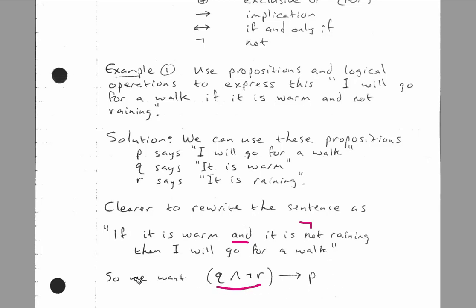So it's not P implies this, it's this implies P. Okay, so go back over those first sections if that's confusing.